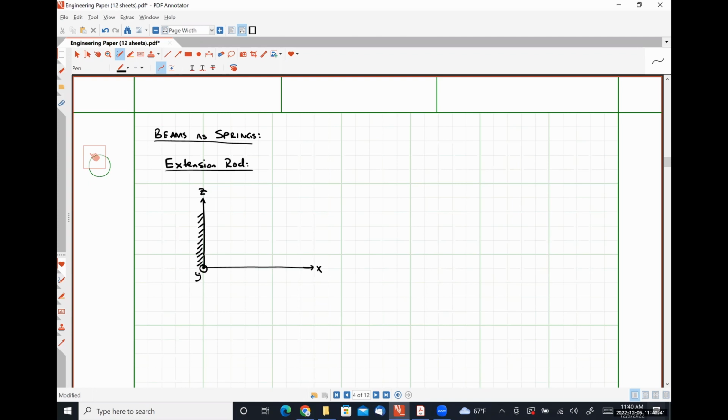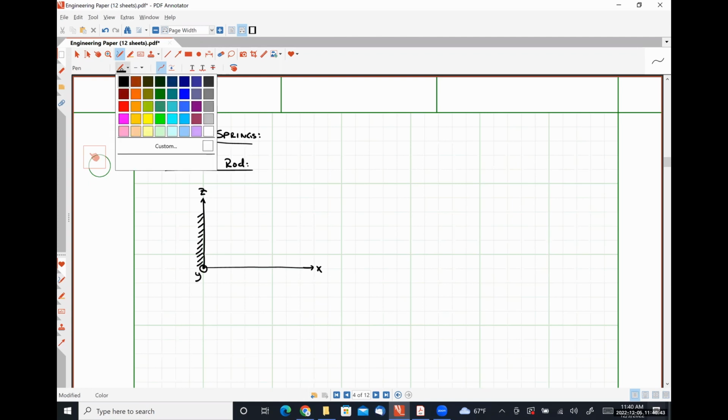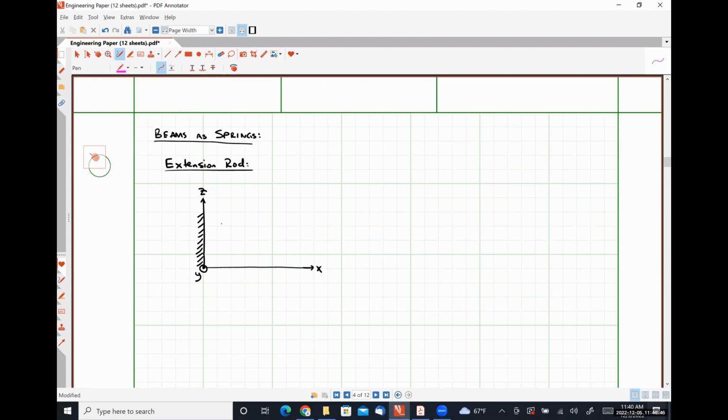Here is our Y dimension, and we have some beam like so. And I'm going to consider this length to be L, the original length of our spring.